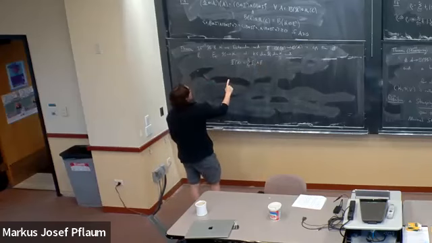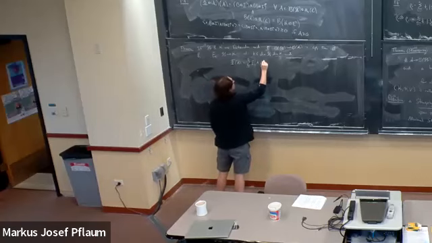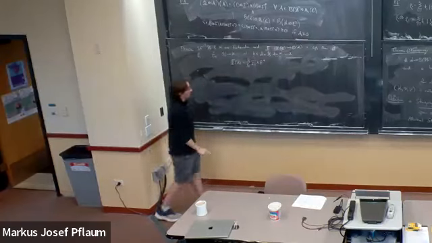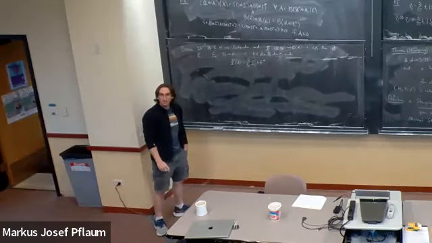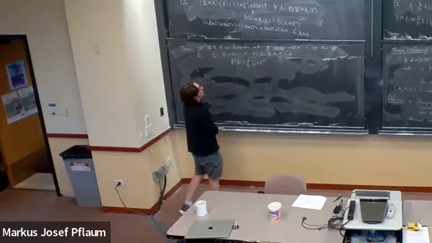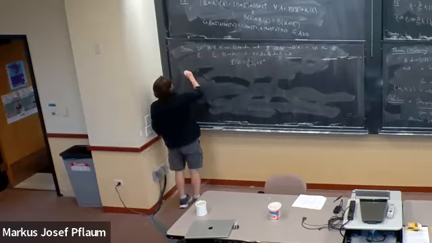And now I have to make sure I put the star in the right place. This had better go from K to K. So I want a star here. Okay. So this writes our completely positive map as a sum of conjugations. What's the proof?